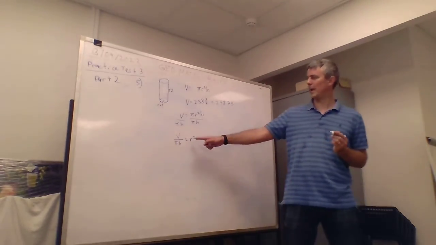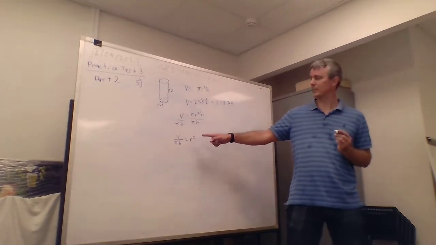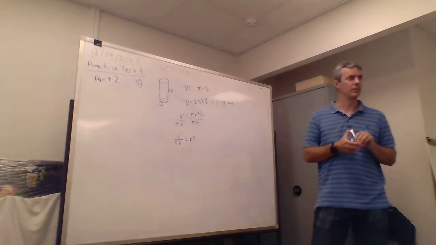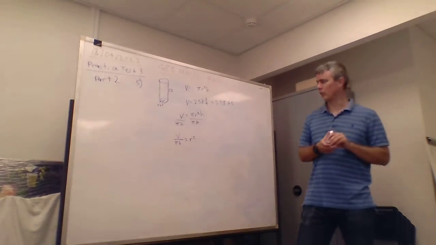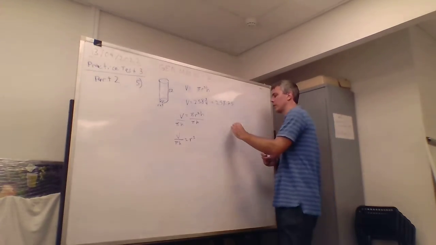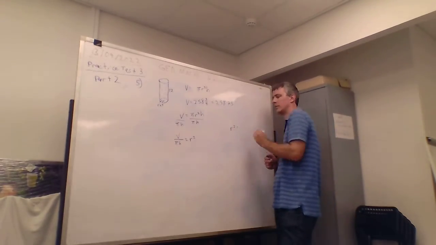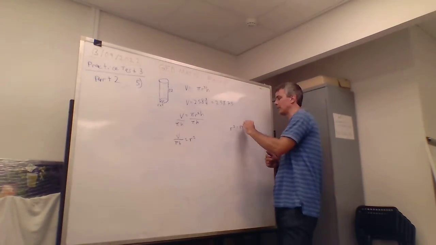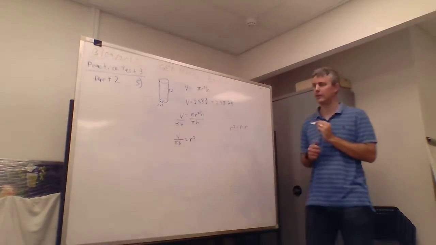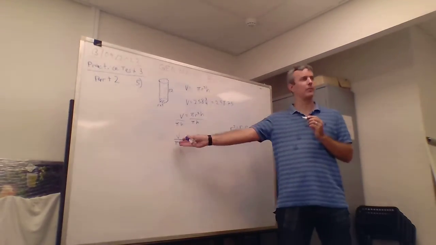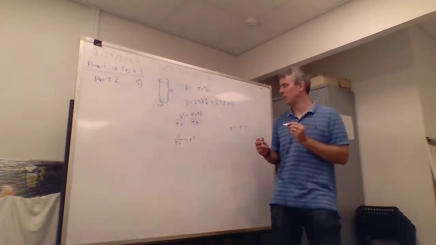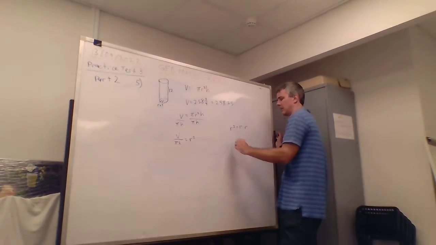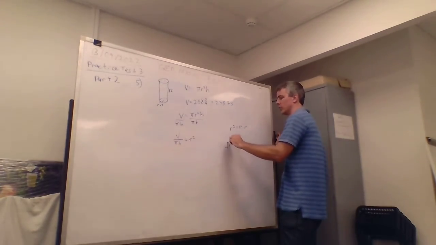But now we need r. How do you get to r from r squared? You can't divide by 2. Remember, what does r squared mean? It means the number times itself, r times r. So to get r, we could divide by r, but then we'd have r on the other side too. One way you can get from r squared to r is the square root.